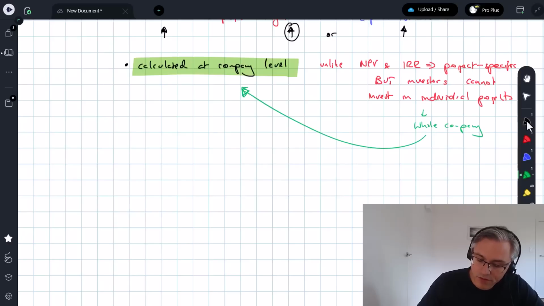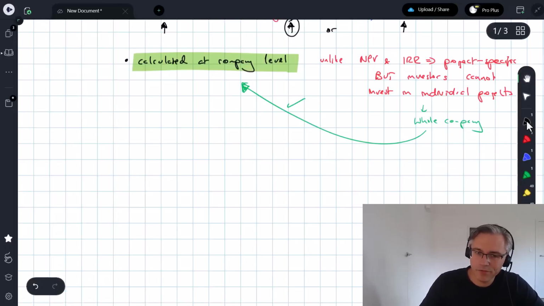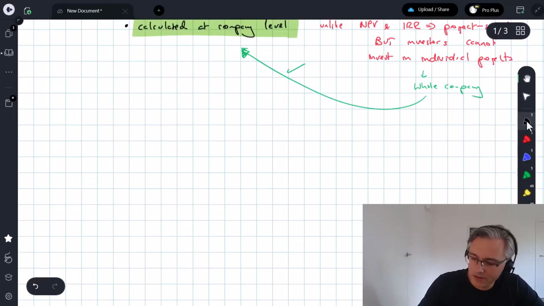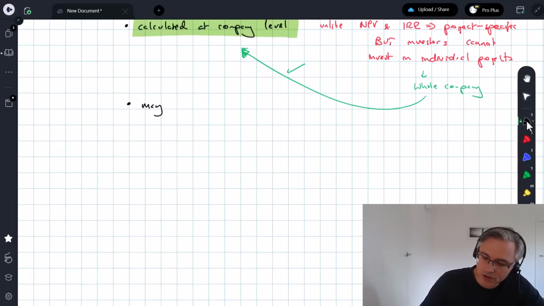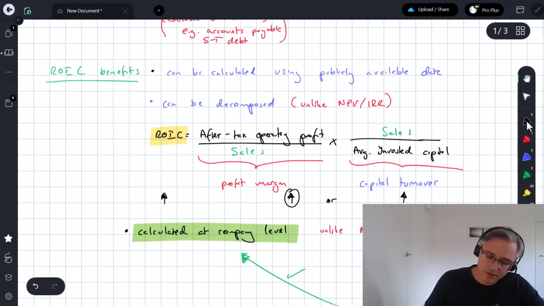So you're more interested naturally in something that is calculated at the company level rather than individual projects. But I'll come back to this argument in just a moment when we discuss disadvantages or drawbacks, because it's easily turned into a disadvantage.